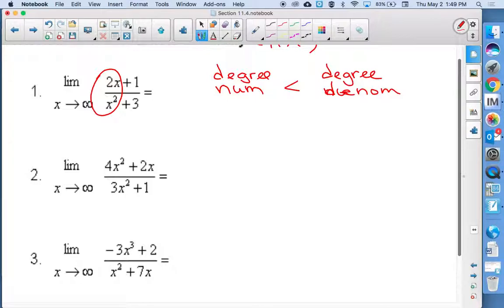What does that mean about the asymptote? Isn't it a 0, because it would make it smaller every time you plug in? Exactly, so that gives us a value of 0. So if the larger power is on the bottom, no matter what number you plug in, your fraction just continues to get smaller and smaller and smaller.